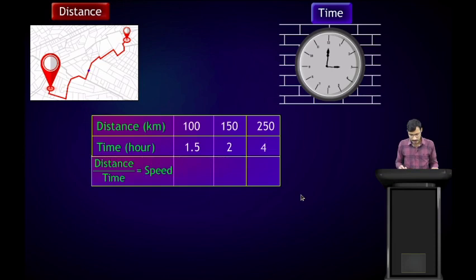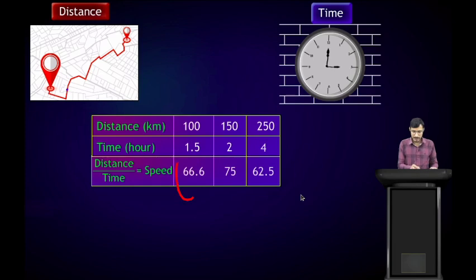So 100 divided by 1.5, what will we get? 66.6. In the second one, 150 by 2 is 75. Third one, 250 by 4 is 62.5.